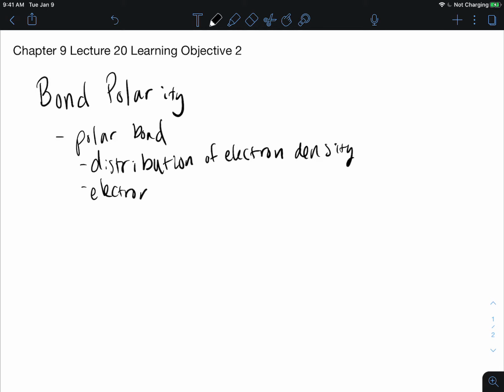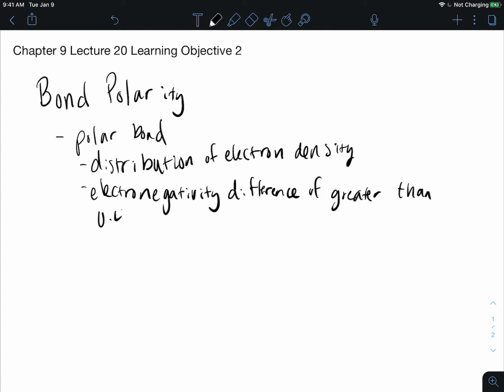So the two atoms that are part of the bond will have to have a greater than 0.4 electronegativity difference. And this is going to be 0.4 on the Pauling scale.